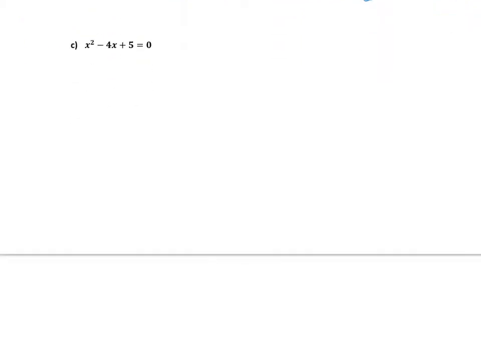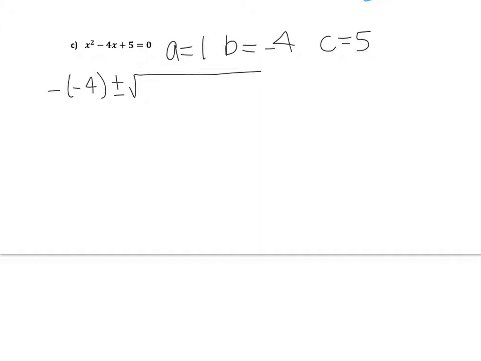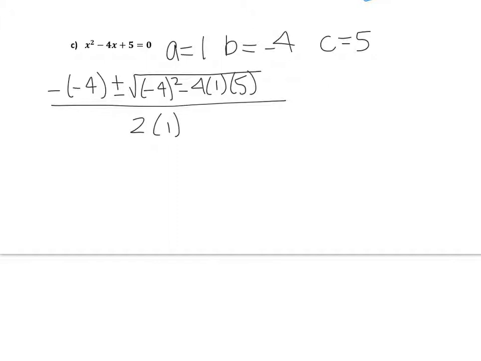So let's do one more. My A is 1, my B is negative 4, my C is 5. Negative negative 4 plus or minus the square root of negative 4 squared minus 4 times 1 times 5, all over 2 times 1.